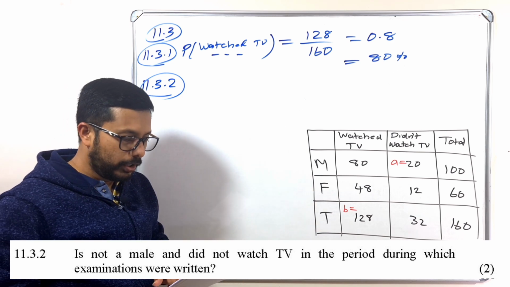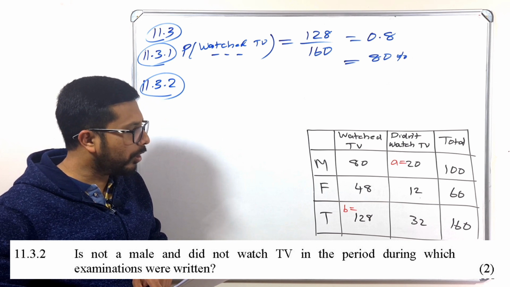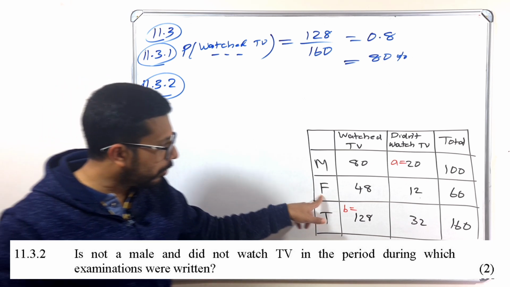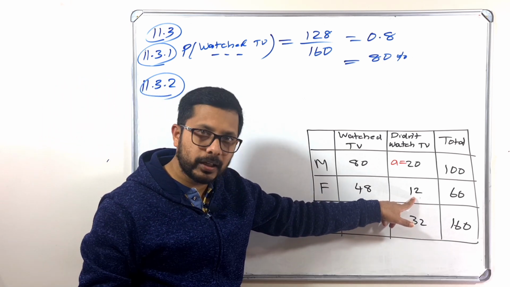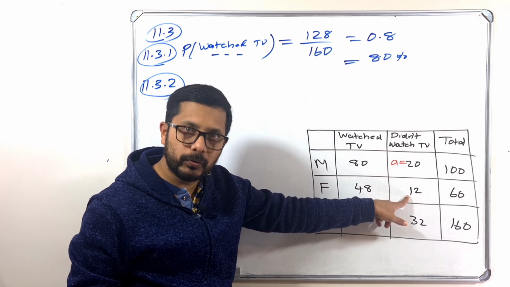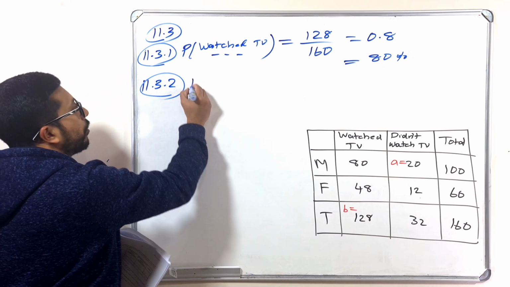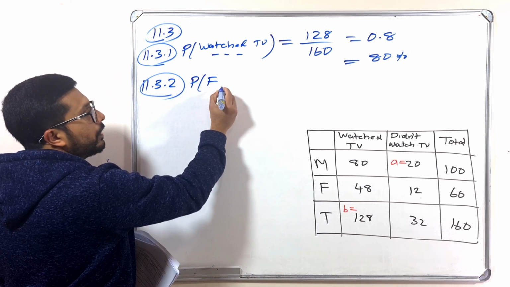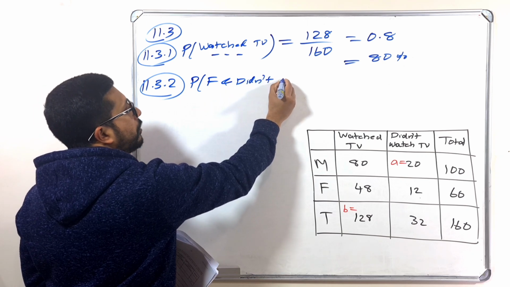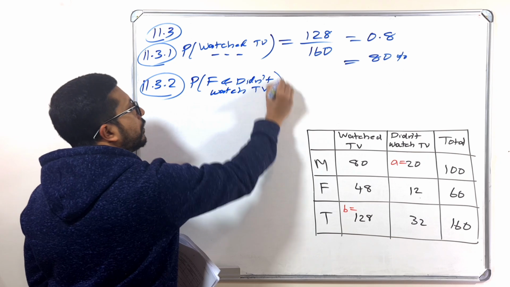So not a male and did not watch TV. How many people are there? Not a male means female. Female did not watch TV. How many are there? 12. Am I right? So how can you write the probability? Probability of female and did not watch TV.